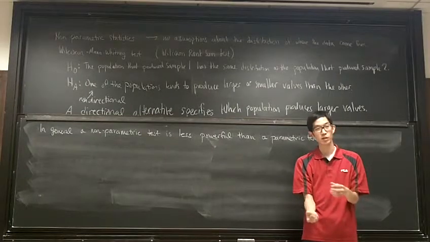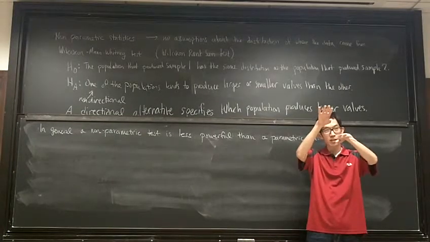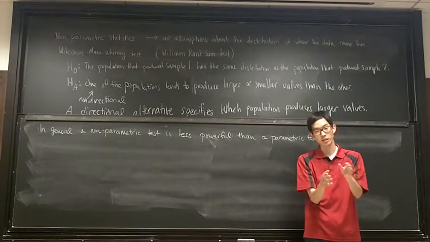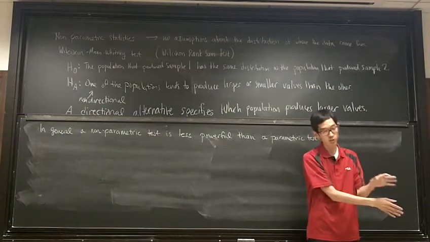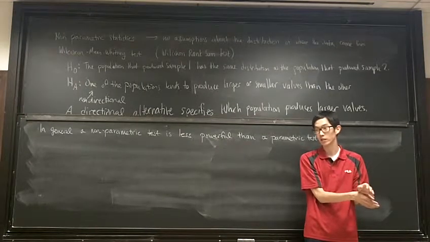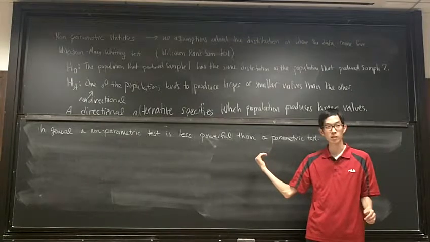So with a t-test, if two populations have a different mean, and if you've collected enough data, the t-test is more likely to get you to reject the null hypothesis than a non-parametric test.